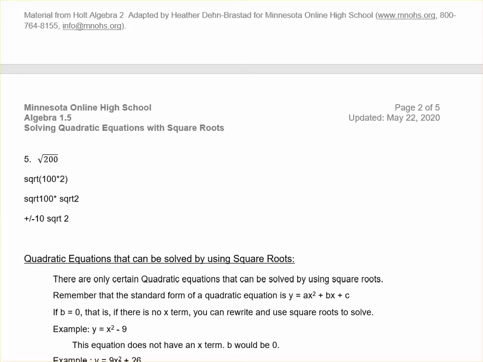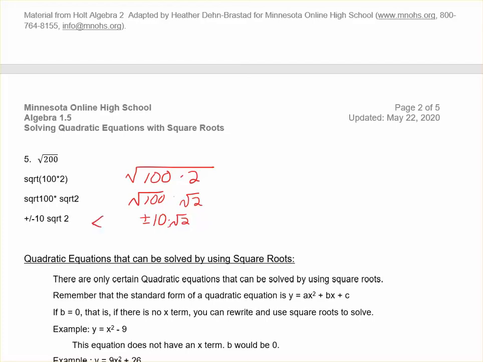Now if I was writing this by hand, I would write square root of 100 times 2, which is the same as square root of 100 times the square root of 2. And the square root of 100 is plus or minus 10, and then I need the square root of 2. You don't need a times sign between these two because writing a number next to a square root means you're going to multiply.